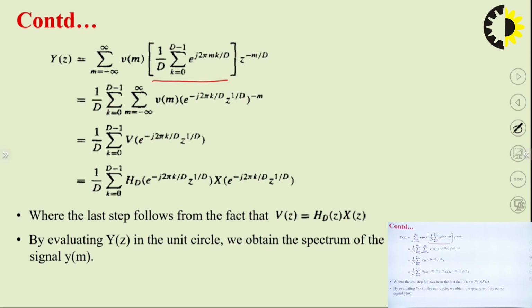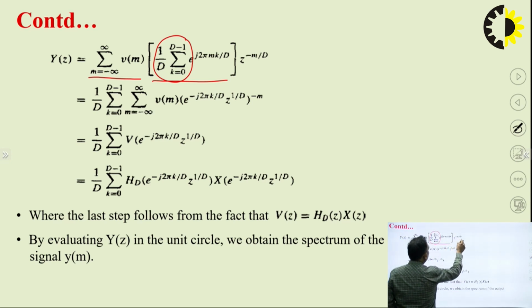Okay, then we can solve this summation. We can take this portion outside, 1 by d summation k equals 0 to d minus 1, and then take summation m equals minus infinity to infinity vm, and this is e to the power j 2 pi mk by d into z to the power minus m by d.